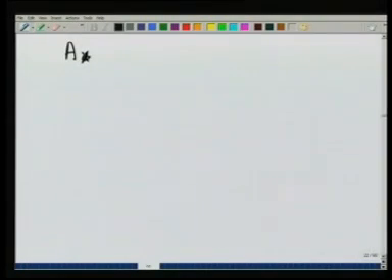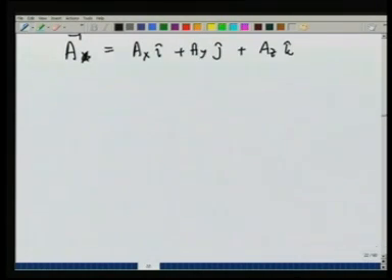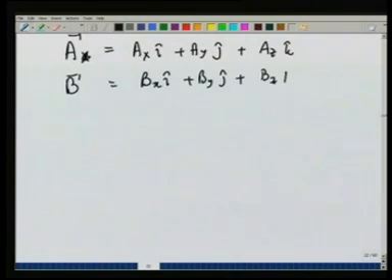Okay. Having written the vectors A as a_x i plus a_y j plus a_z k and B as b_x i plus b_y j plus b_z k, we are now ready to write their products.